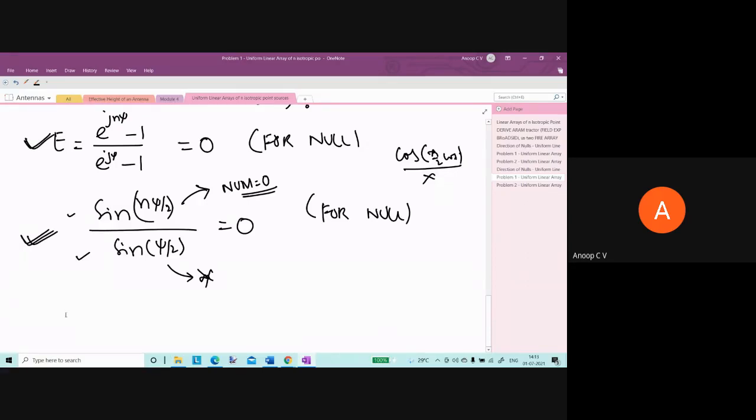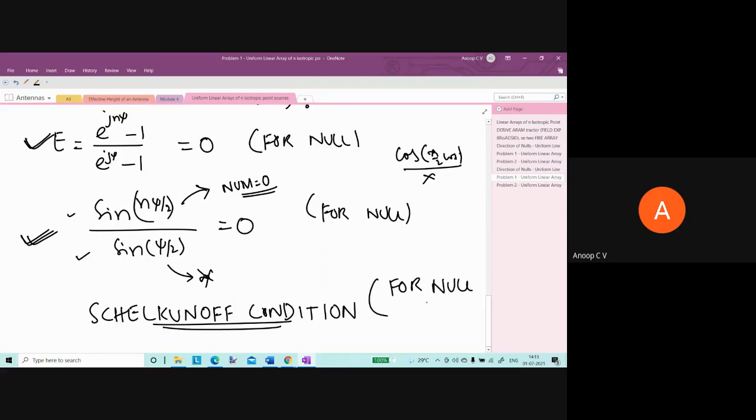That is the condition. So the condition for null of a linear isotropic source is given by one condition called the Shelkunov condition, right? So I'm going to discuss that before we solve this problem. This is a condition for null in a uniform linear array.